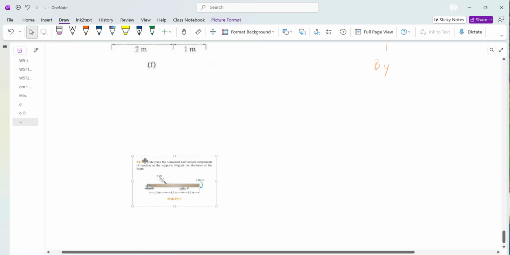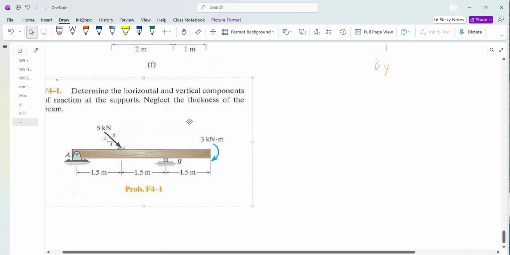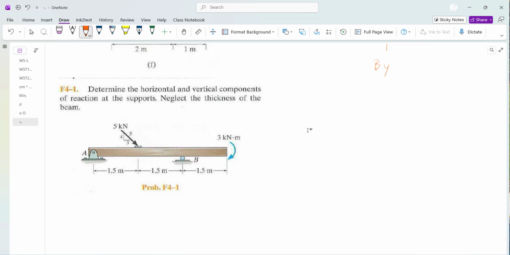Well, that beam is being confined to the ground at points A and B. And this is being confined by not only a hinge at A, but also a roller over there. So this is the free system or the free body system.